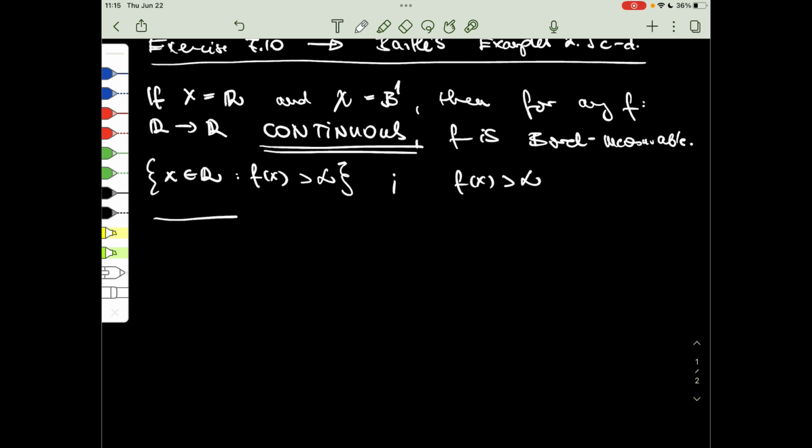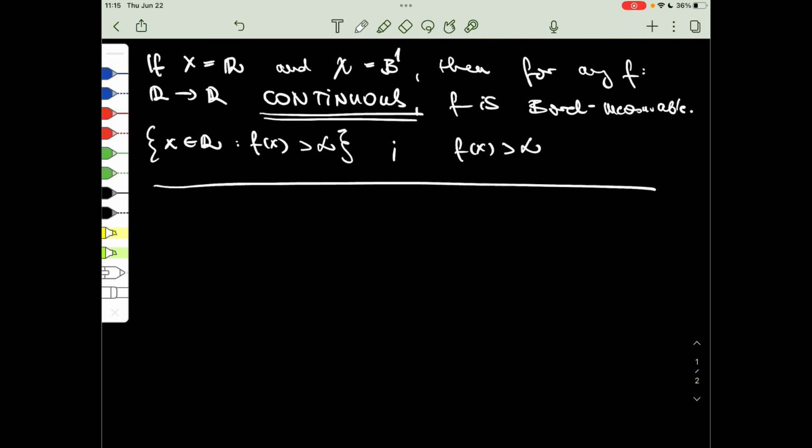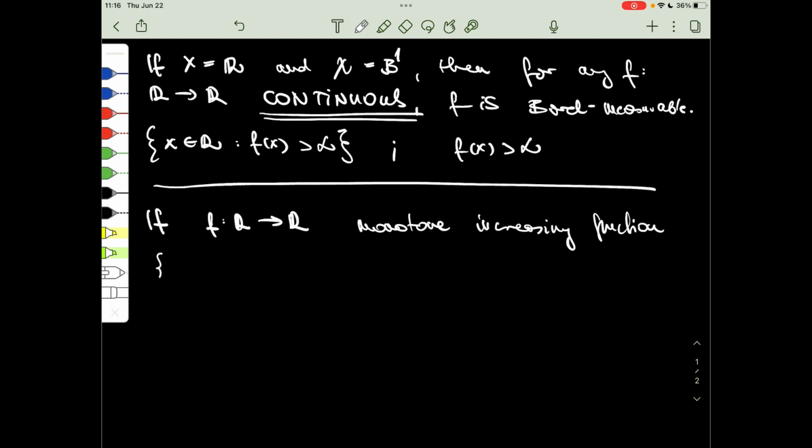We can do the same for monotone functions. So if f is monotone increasing, for monotone decreasing functions the proof is the same, we will do the same as previously. We have this set, those real numbers for which the function is higher than alpha.